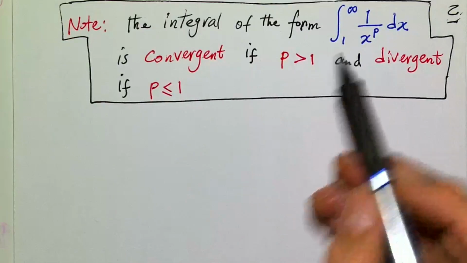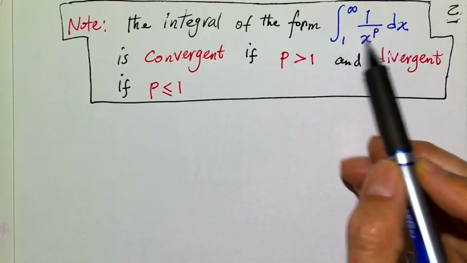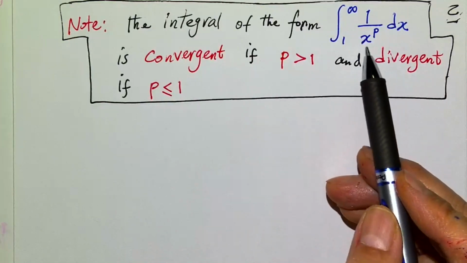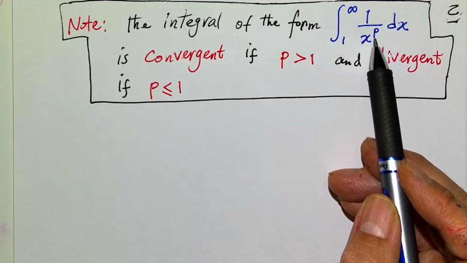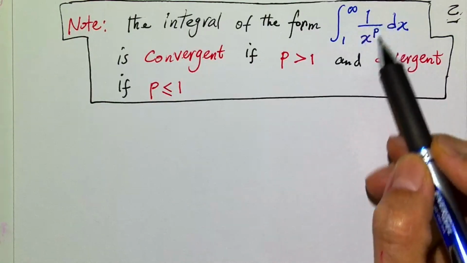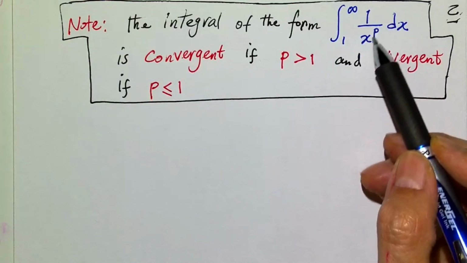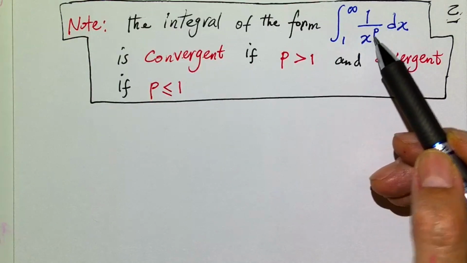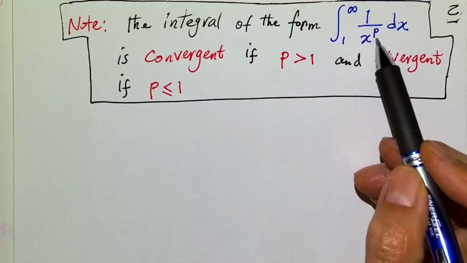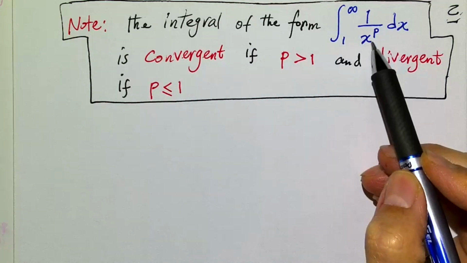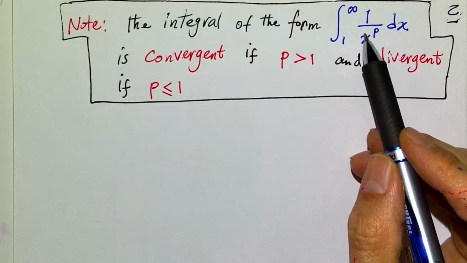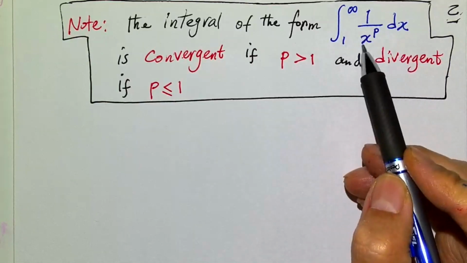This makes a lot of sense, because if you just try different values for p that are greater than 1, you'll see that this ratio gets smaller and smaller. So if that quantity is getting smaller, then taking the area over values that are decreasing to infinity, we expect the whole thing to converge.